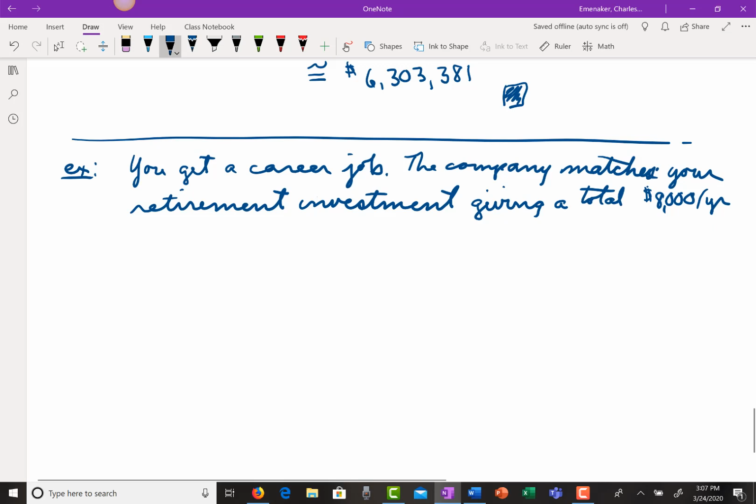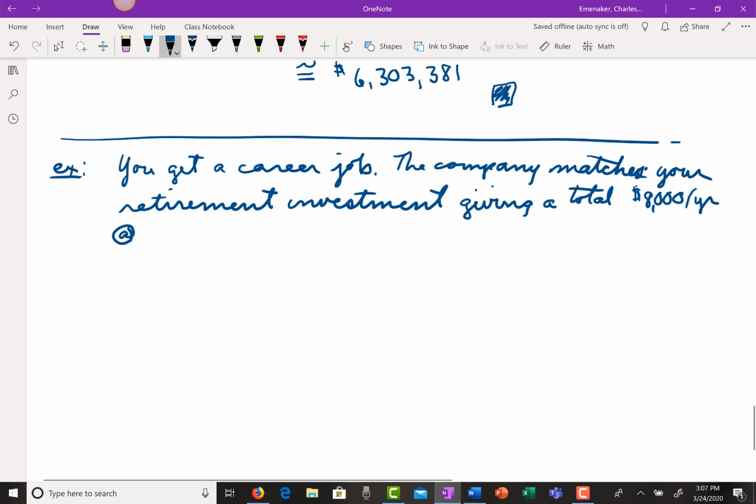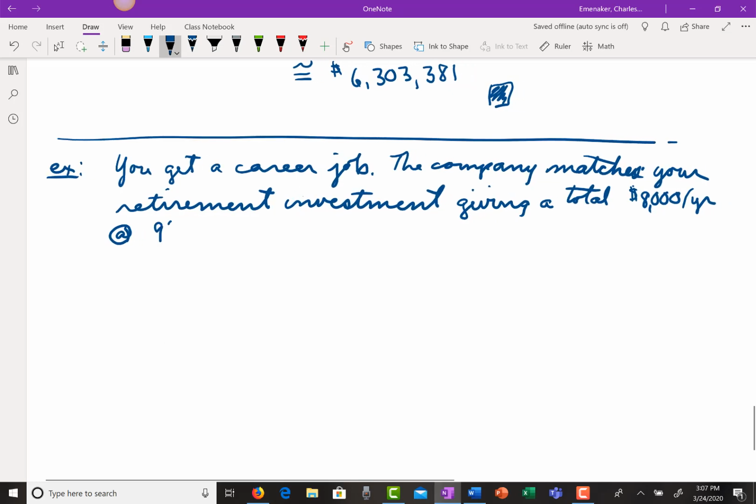Okay, give me a total of $8,000 a year. The stock market usually goes 10 or 11%. Let's do this a bit conservatively so that you will probably wind up with more money than what this example will suggest. But winding up with more than what you thought you were going to have is a good thing.